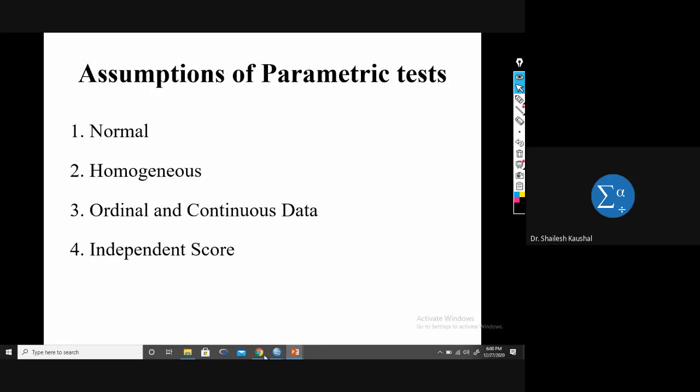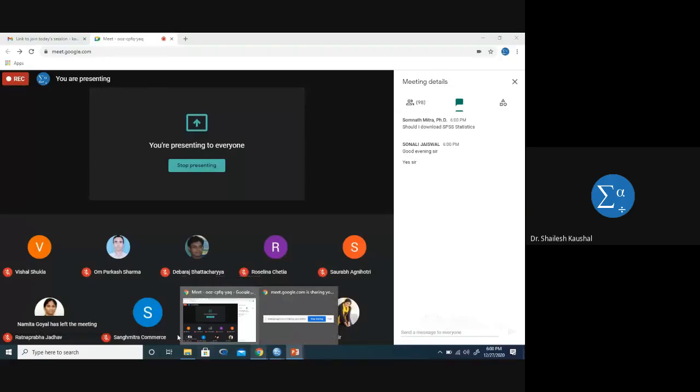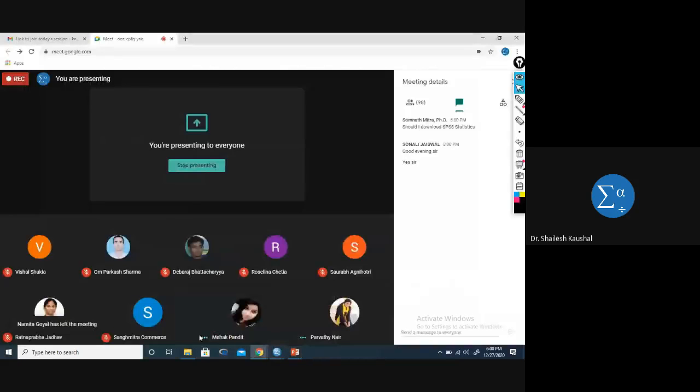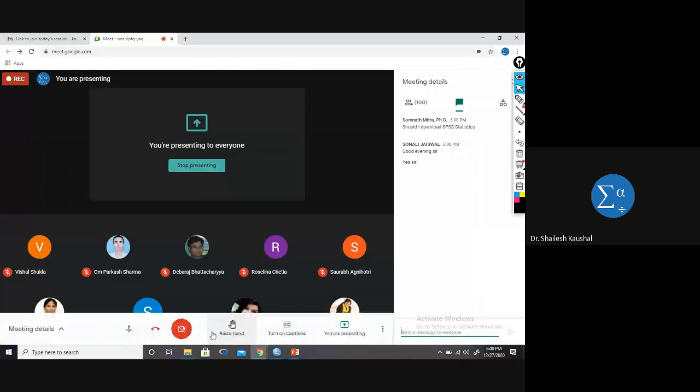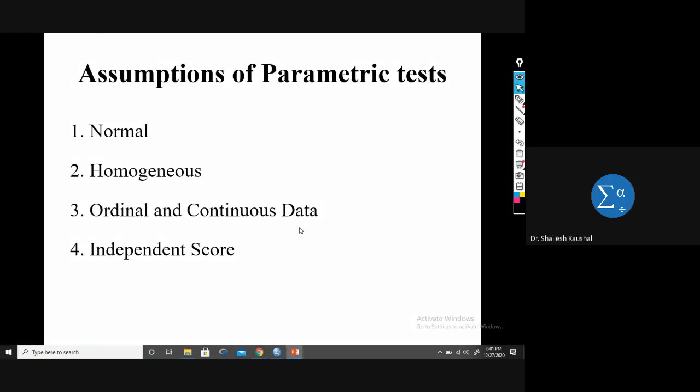Dear students, today we will discuss assumptions of parametric tests. Okay. Now today we are going to discuss two topics. One is assumptions of parametric test, and after this we will take parametric and non-parametric test.